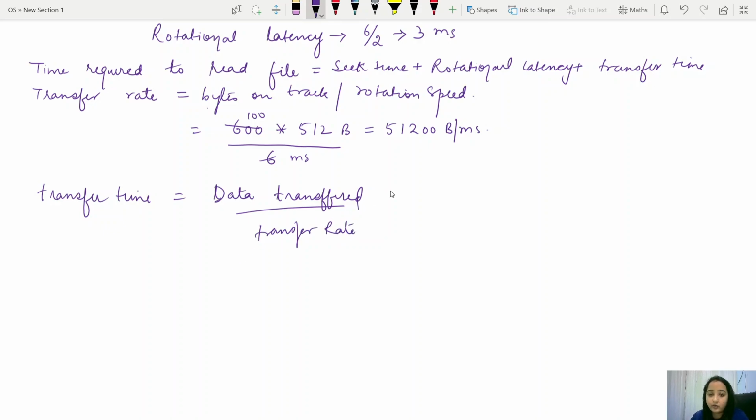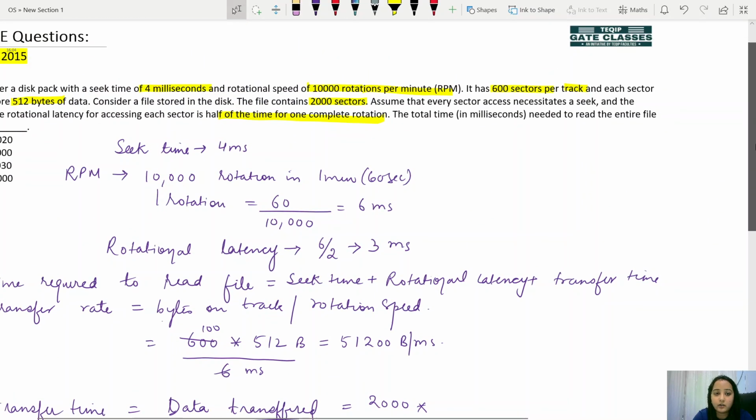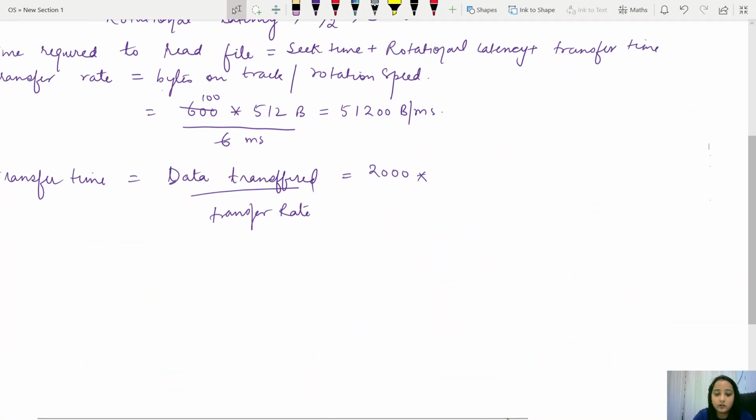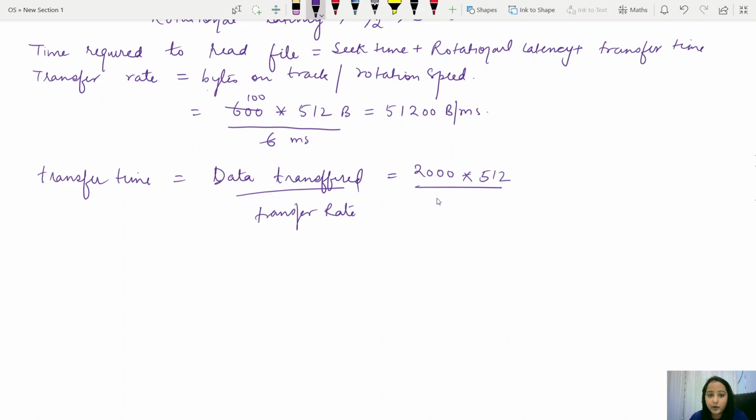Data transferred will be the number of sectors, 2000, multiplied by 512, the data per sector, and divided by the transfer rate we found, 51200, which will get cancelled with this. This comes out to be 20 milliseconds.